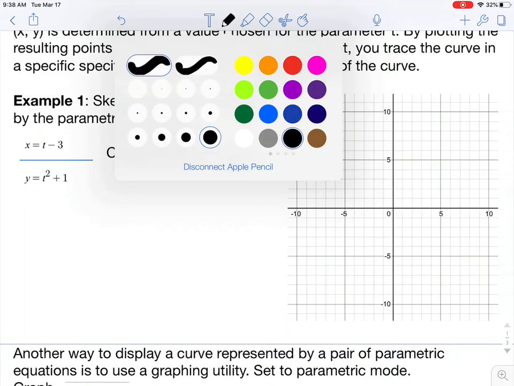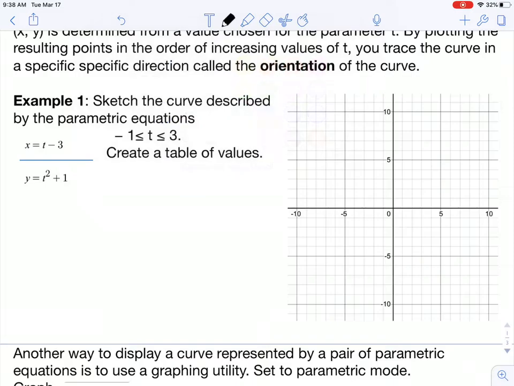All right, we're going to start with a lovely little curve. x equals t minus 3 and y equals t squared plus 1. So we're going to create a table of values, only this time it's not just an xy table. It's a t x y table.